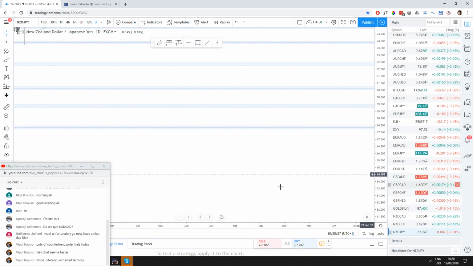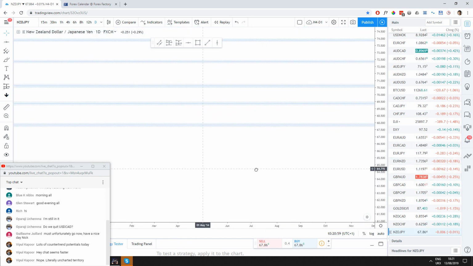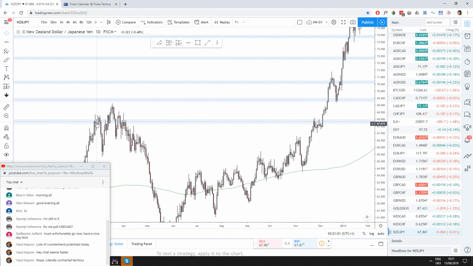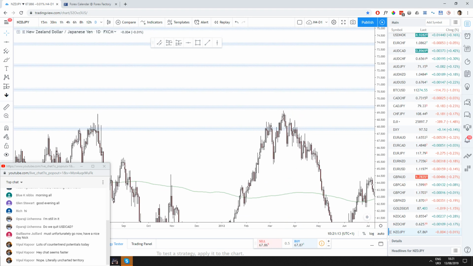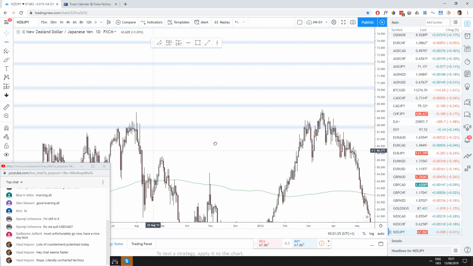So basically, this support area that we have, right, it's based on pretty underwhelming data. We've got 2012, we got a kind of, not even a bounce, but price stalled here on its way up, based on pretty shoddy data. We do have bounces back in 2011, this one here, and kind of that one there. And then we have a pretty big bounce back in like 2011 probably still.